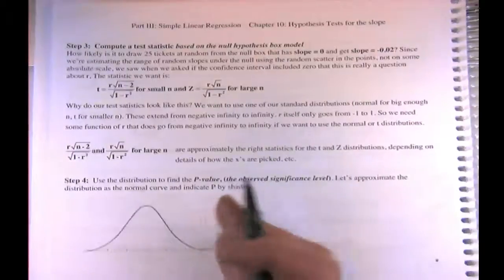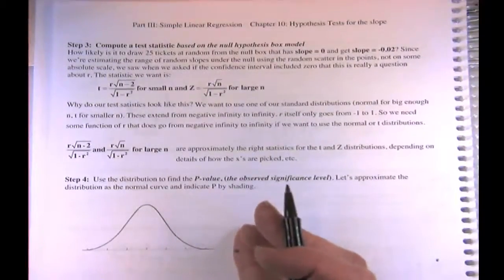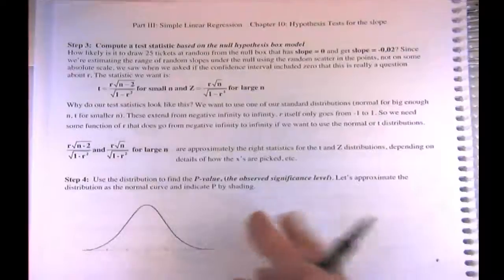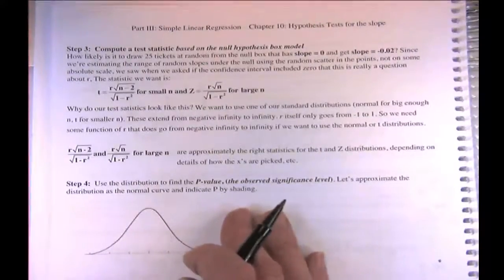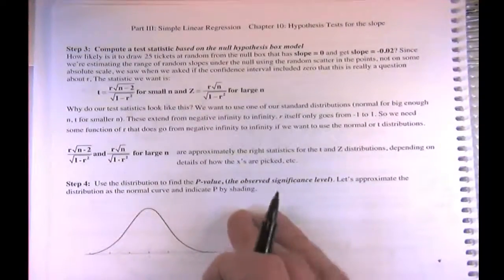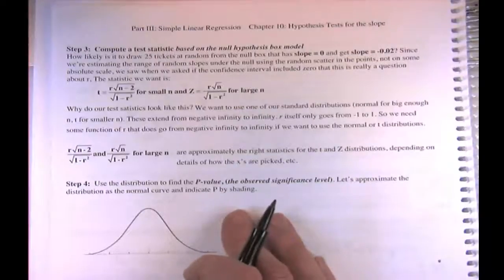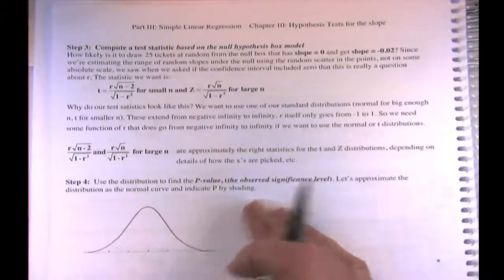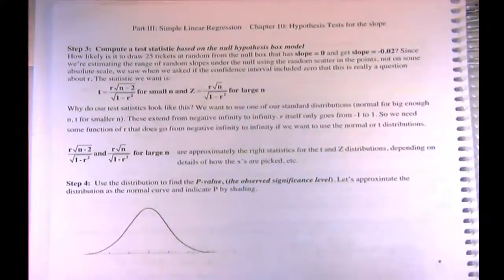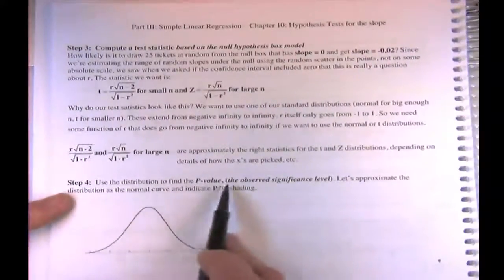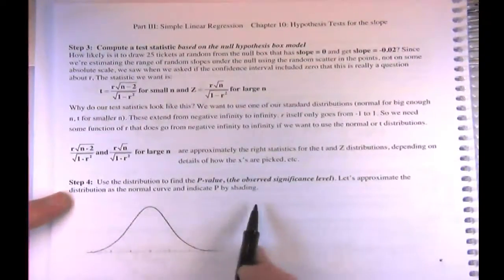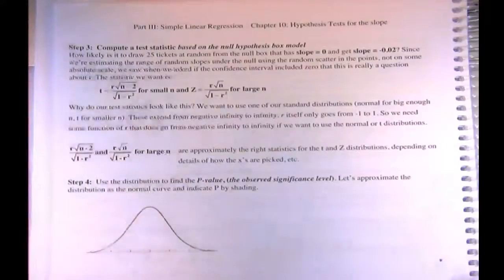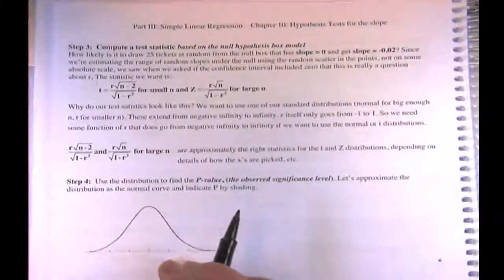All right, so here we are, and now we're going to use this right here. Which one should we do? We're going to use the distribution to find the p-value. Do you remember how we can do this? Do you want to do the z or the t?